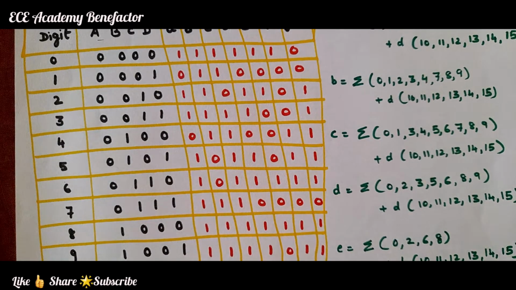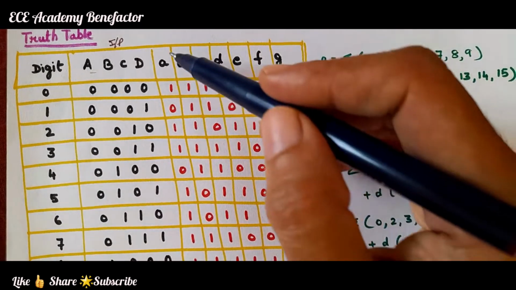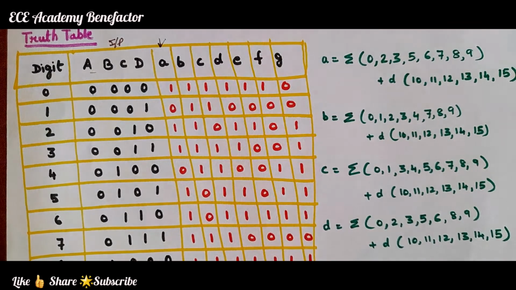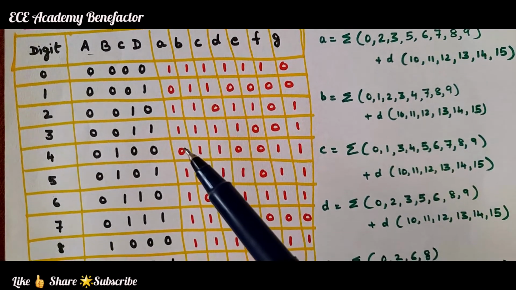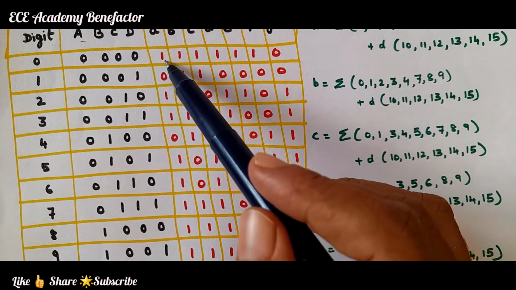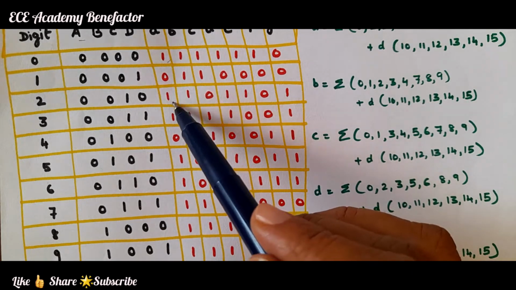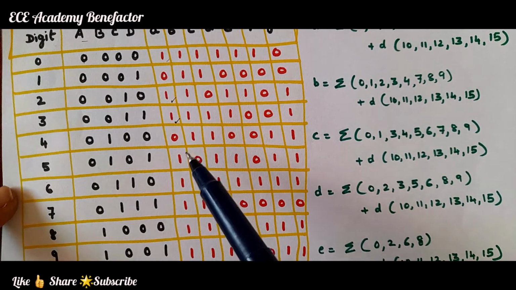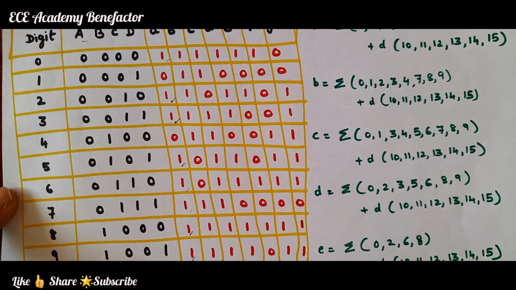Now we need to write for this A column, where you are getting 1. Suppose in this A column we are getting high at 0, 2, 3, 5, 6, 7, 8, 9.